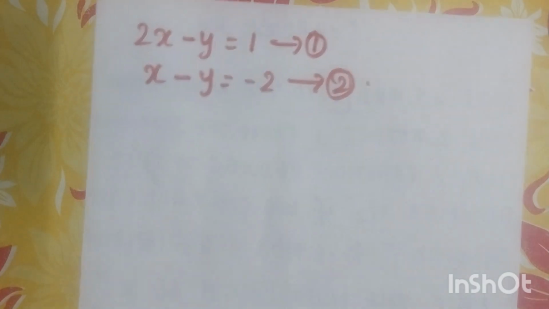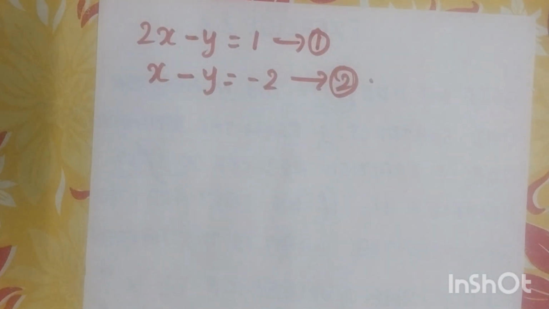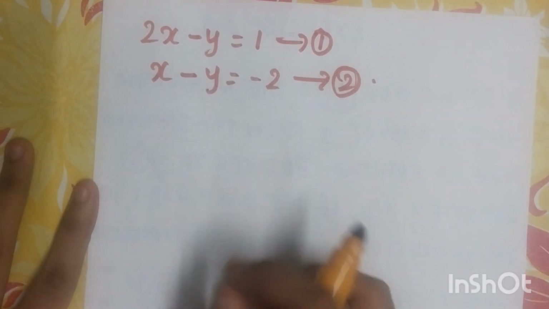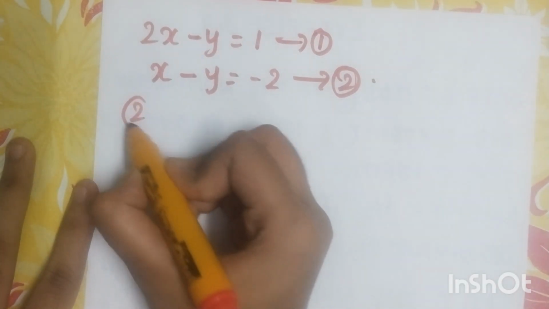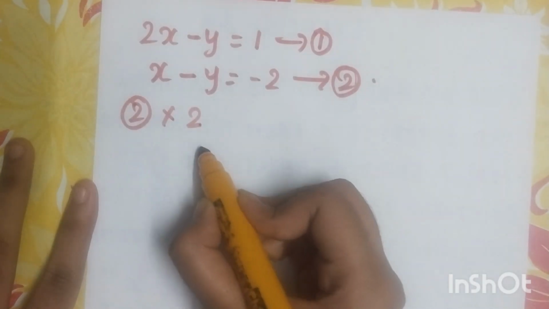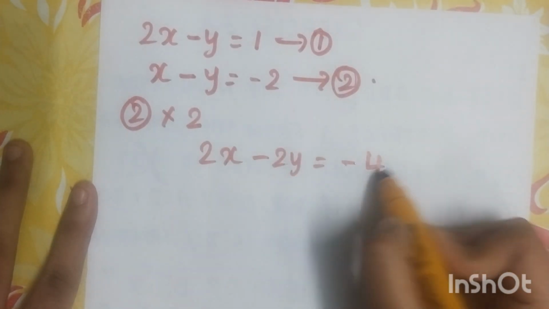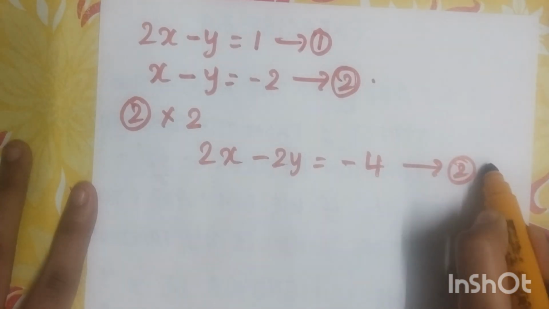Now first I have to choose which variable I'm going to eliminate. Here I'll take the x variable. For that the coefficients must be the same, so I'm going to multiply the second equation by 2. So I get 2x minus 2y is equal to minus 4.